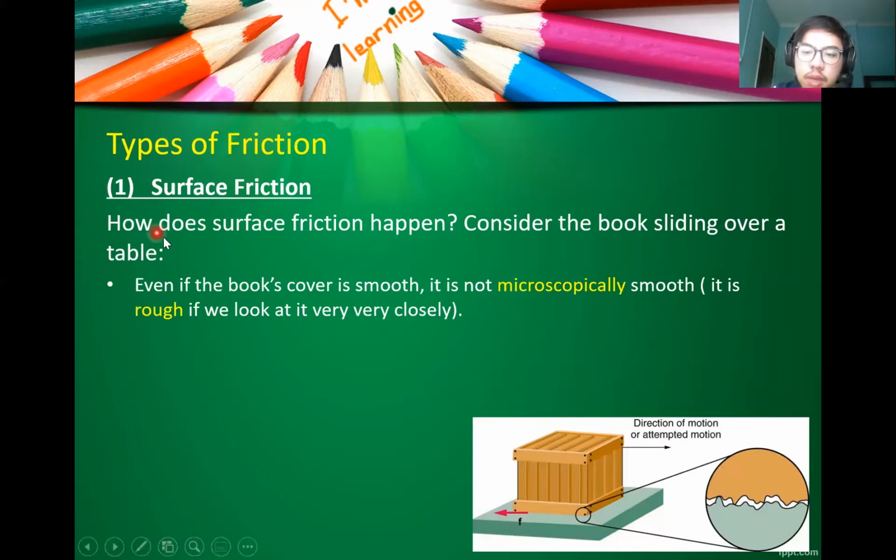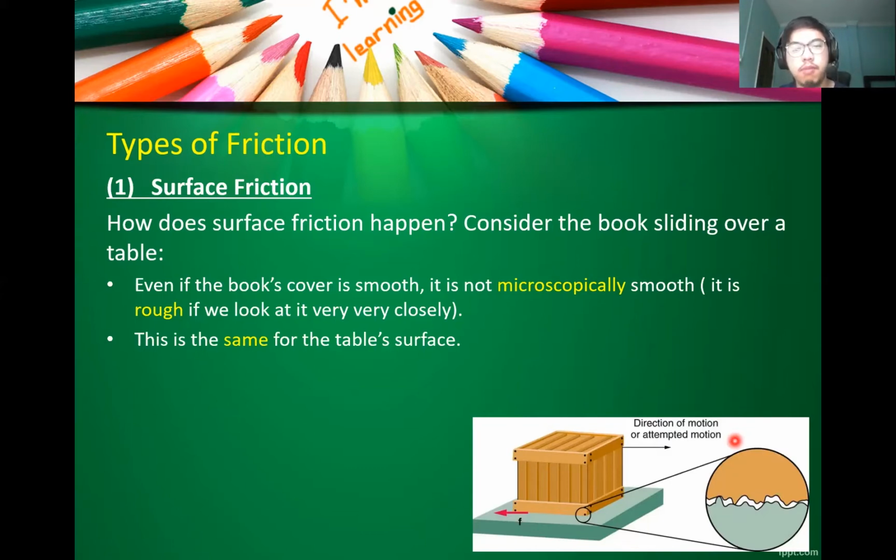You can see in this picture here, the surface is actually rough when you really zoom in. It is the same for the table. Even though to your eyes and to your touch it looks smooth, when you really zoom in, there are valleys and troughs on the surface of the table, and it's not a smooth straight line like what we imagine. So in fact, both surfaces still have a sort of roughness to them.